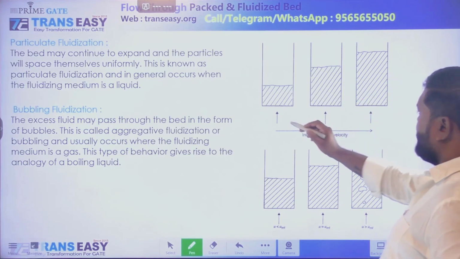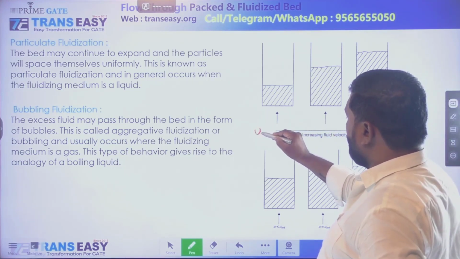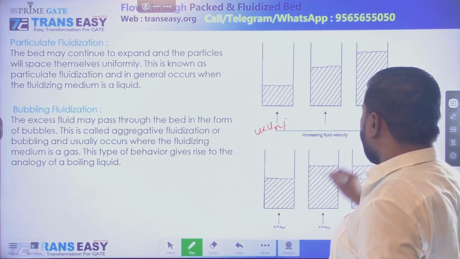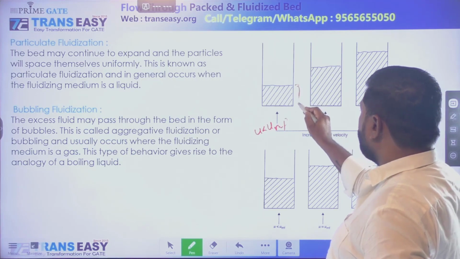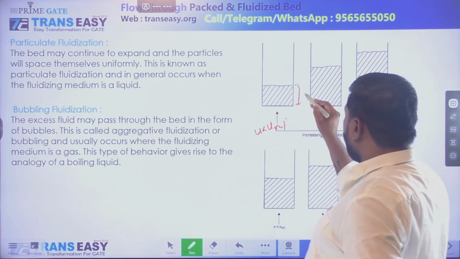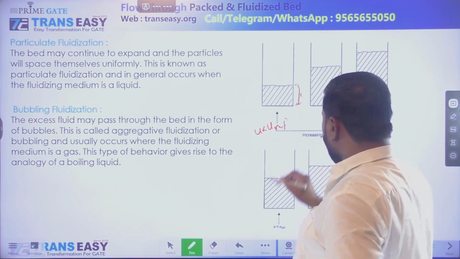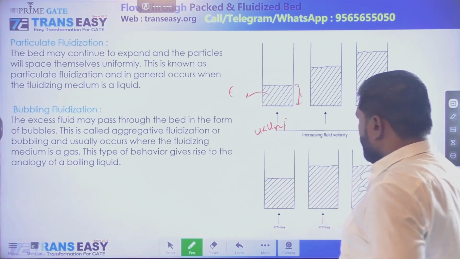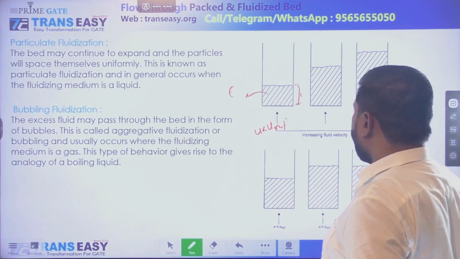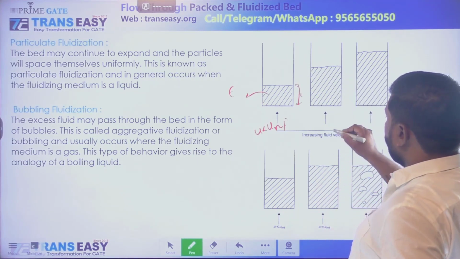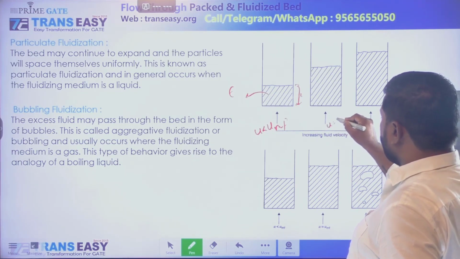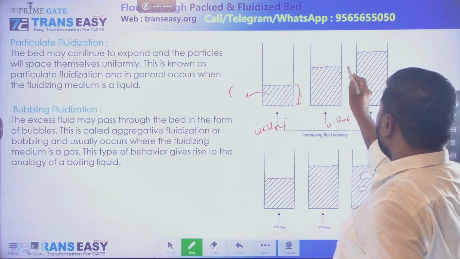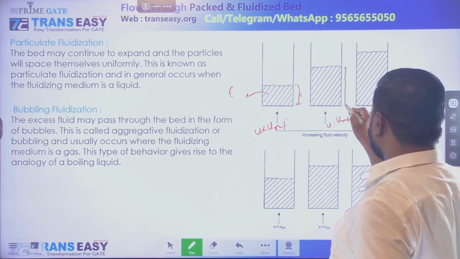So here velocity of flow is less than minimum fluidizing velocity, right? So this is the height of bed at this time. Epsilon is the porosity, right? Dear students, when the velocity of flow is equal to minimum fluidizing superficial velocity, here particle will expand in upward direction, right?